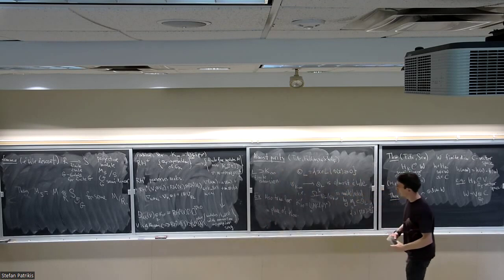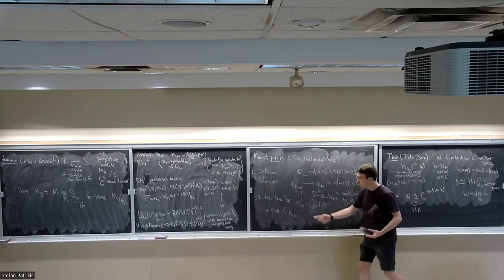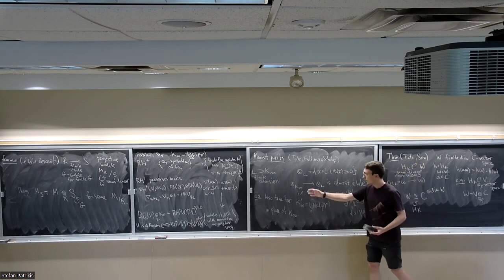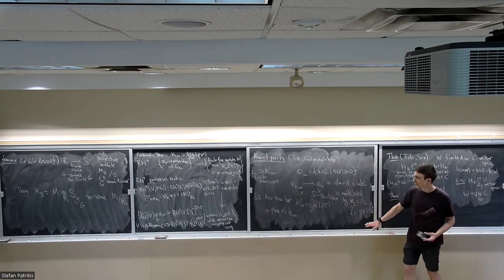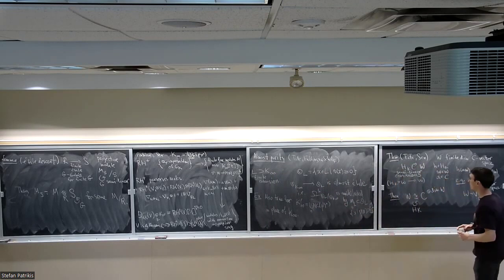So I'm claiming that if I took any finite extension of this field, then on the ring of integral elements, this will be almost étale in the very same sense. So let's see how this plays out.